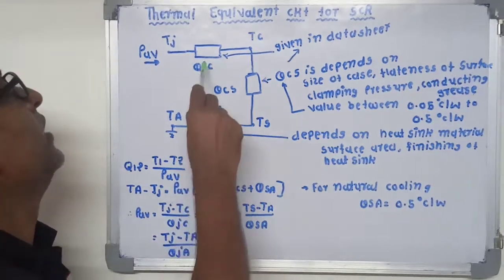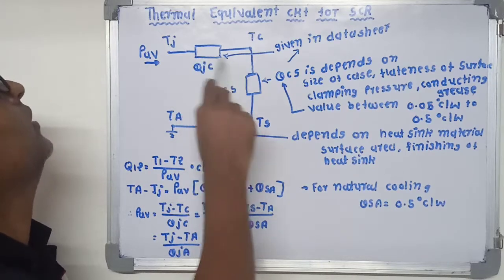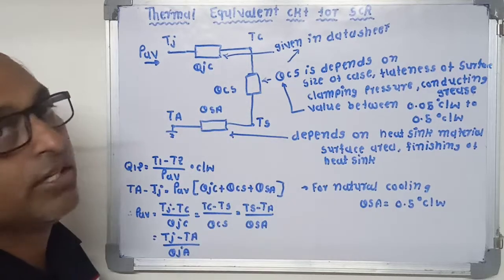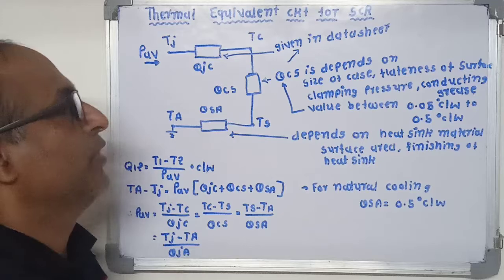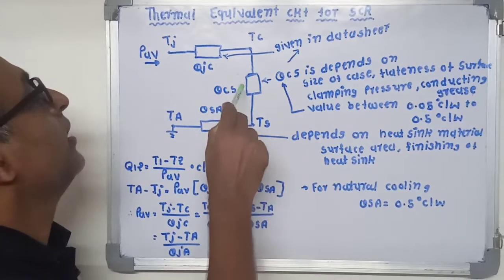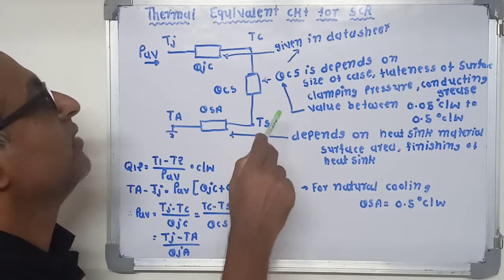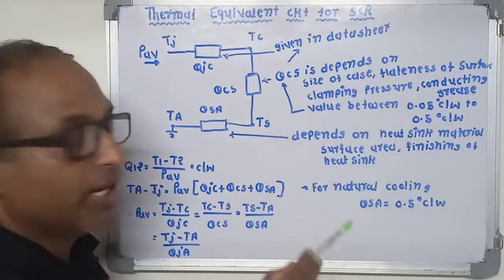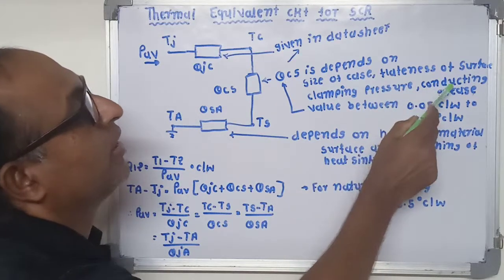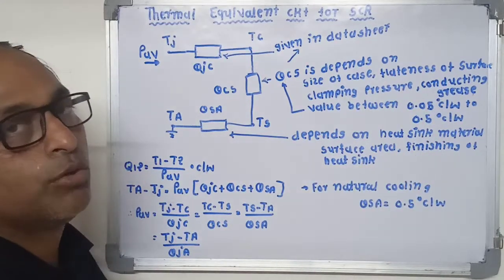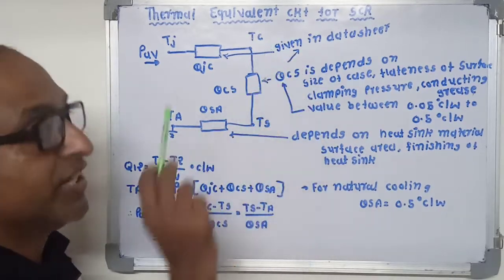The value of theta Jc, that means the thermal resistance between junction and case, is already given in the data sheet provided by the manufacturer. The thermal resistance between case and sink, theta Cs, depends on the size of the case, flatness of surface, clamping pressure, and the conducting grease between the two surfaces of case and heat sink.